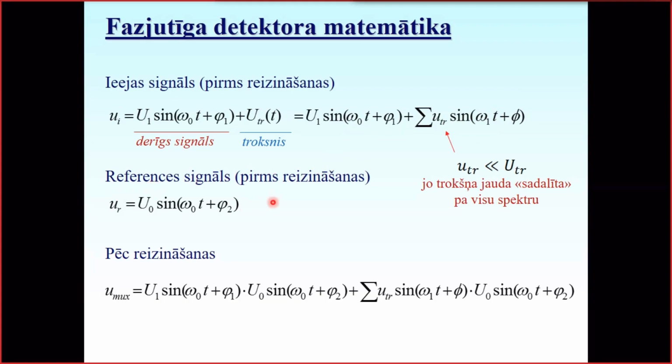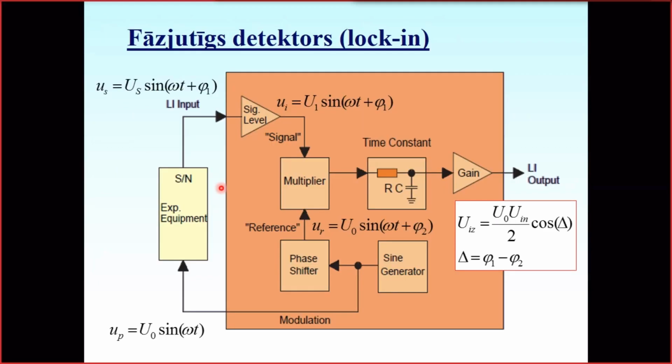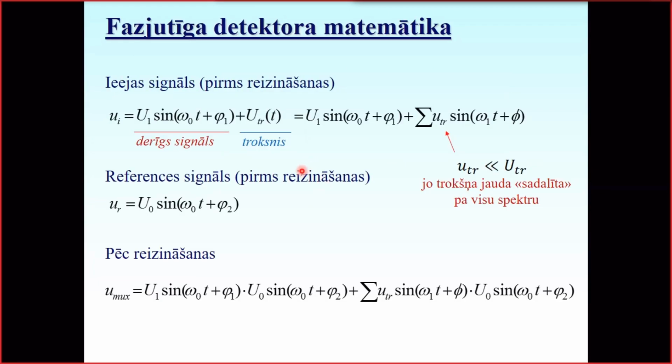So the reference signal is just U0 sine(omega 0 t plus phi1). After the multiplication, so the two signals are multiplied, we actually discussed how the multiplier looks. When we multiply the signal, we get two components.